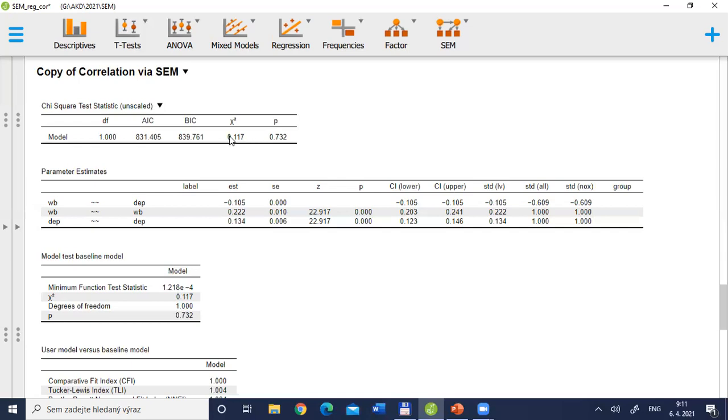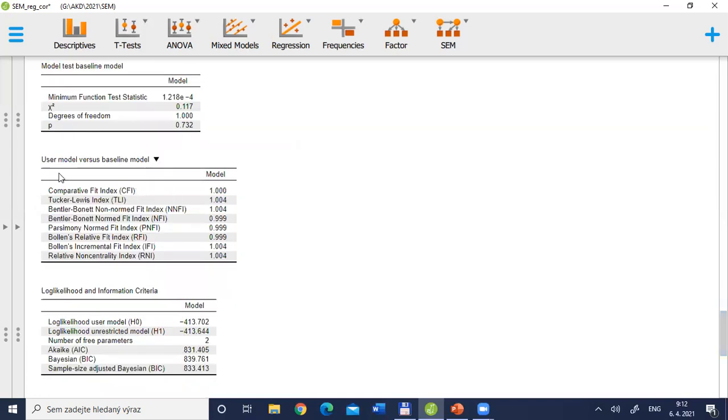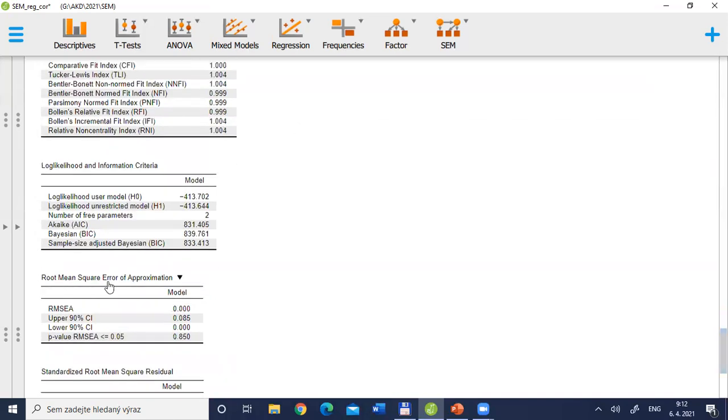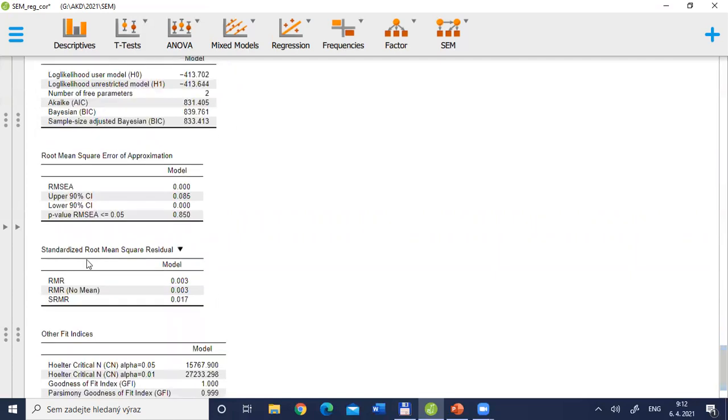So usually we wouldn't be able to conclude about our model by this chi-square test statistic and p-value, and we would need some alternatives. These alternatives can be found in the table called user model versus baseline model, or there is also one more table called root mean square error of approximation, or another table called standardized root mean square residual. And there is also one more table, which we would skip, called other fit indices.